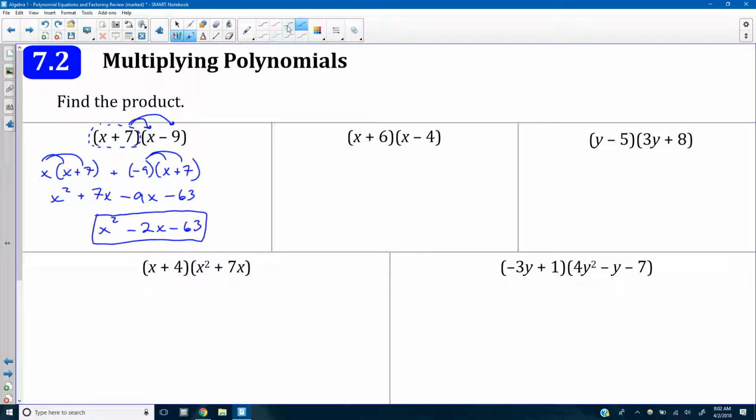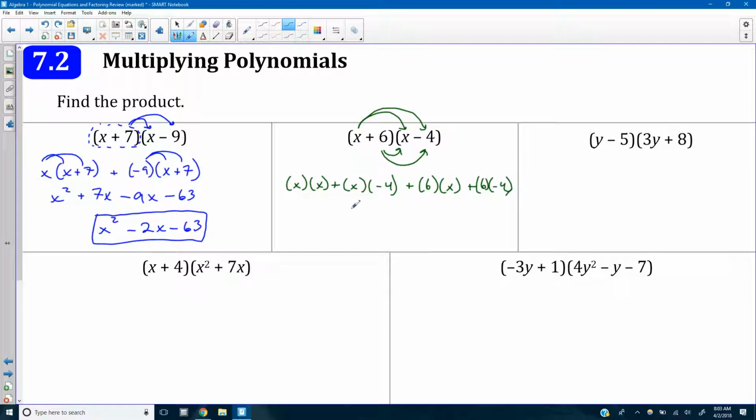There we go. Next problem here, this time I'll do classic distribution. Multiply each term in one polynomial, one quantity, with every term in the other quantity. The x will multiply with x and negative 4. The 6 will multiply with x and negative 4. You'll be left with x times x plus x times negative 4 plus 6 times x plus 6 times negative 4.